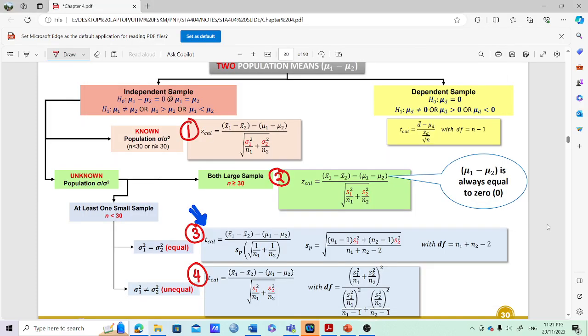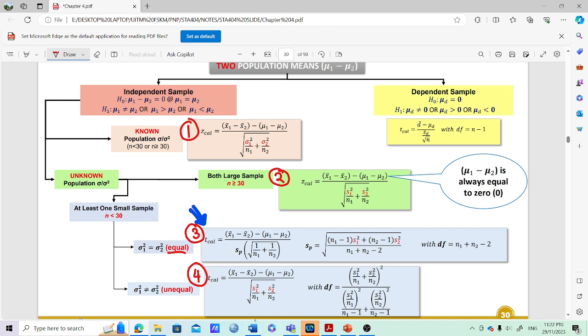Hello everyone. Today we're going to continue our lesson on case 3, when both the population variances and population standard deviations are unknown, with a small sample size, but you know that it has equal variances.